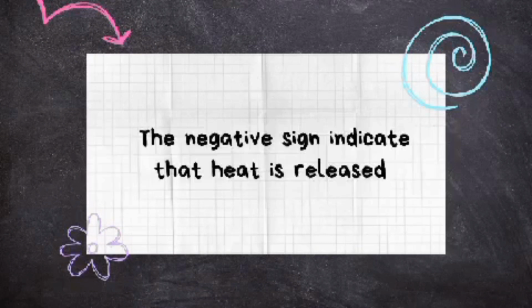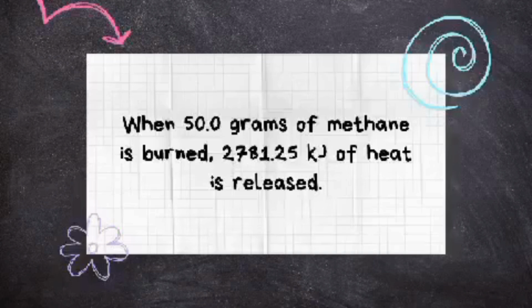The negative sign indicates that heat is released. Therefore, when 50.0 grams of methane is burned, 2,781.25 kilojoules of heat is released.